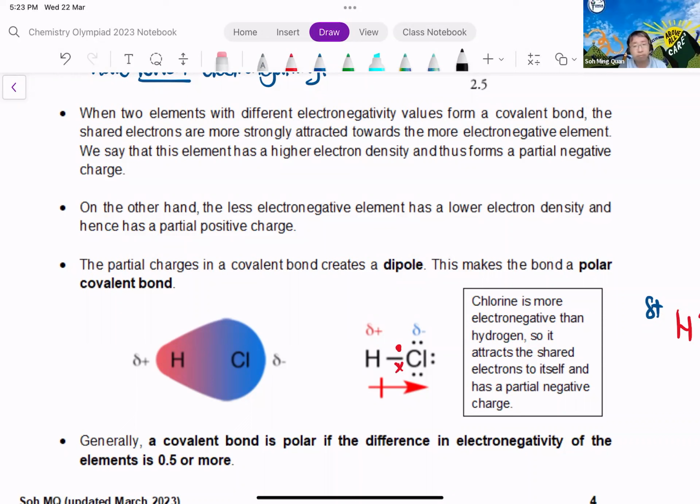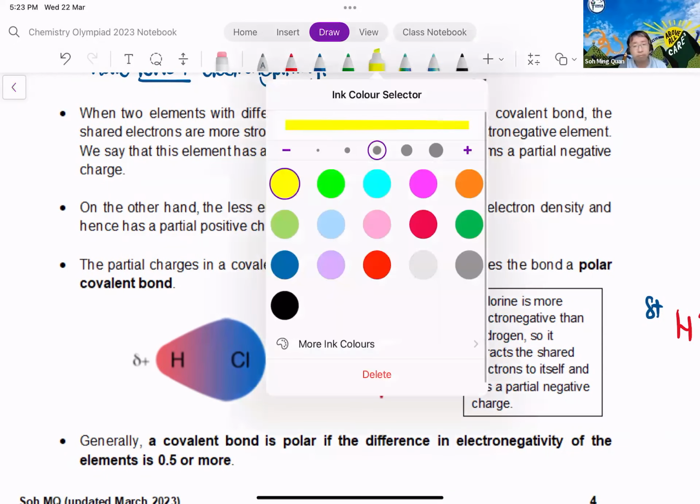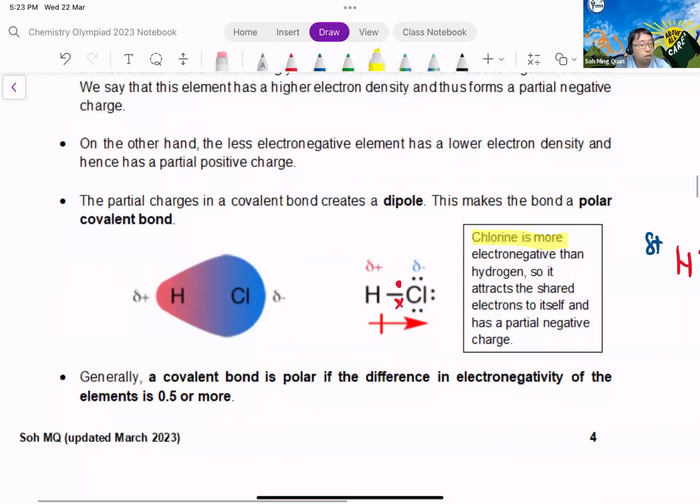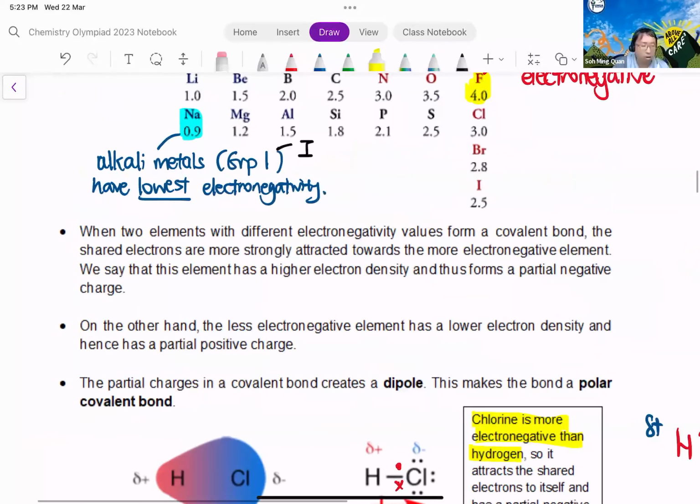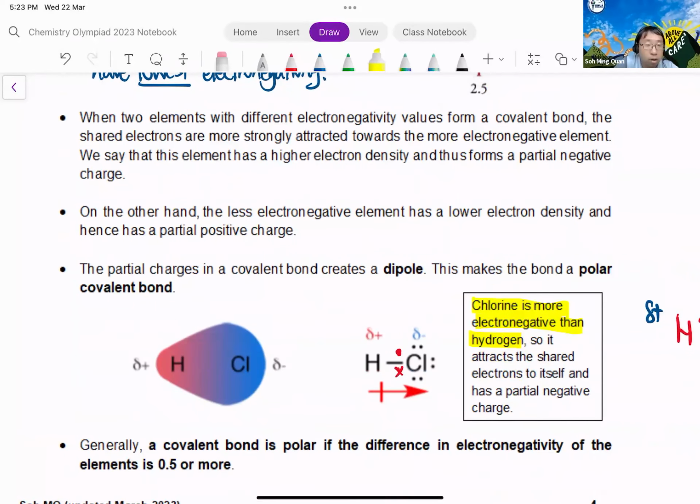Now, hydrogen and chlorine share electrons with each other, but are the shared electrons midway, at equal distance from each atom? The answer is no, because if you look at the table of electronegativity values, chlorine is more electronegative. Chlorine's electronegativity, if I'm not wrong, is 3.0. Hydrogen is 2.1.